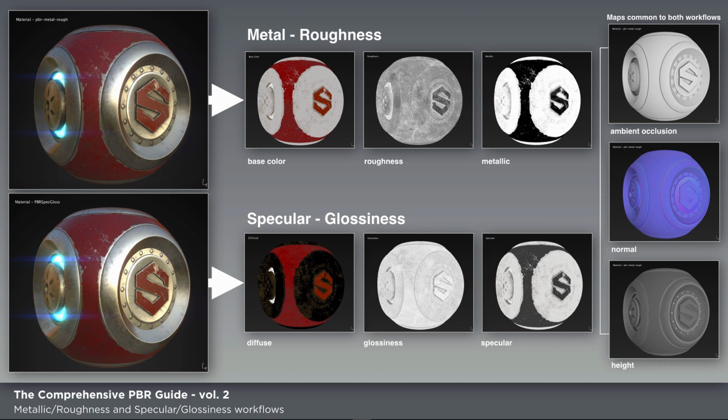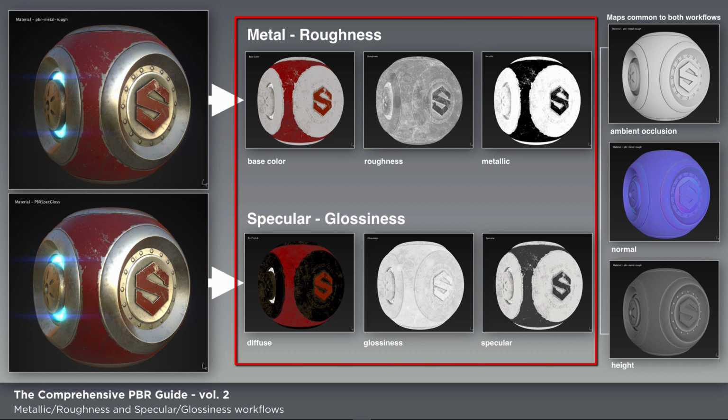Now, there are different workflows and implementations when it comes to PBR shaders. There isn't a real set-in-stone standard, so you will see variation from application to application or engine to engine. When I say workflow, I'm referring to the method through which you author the textures and the inputs the shader supports. Here, I'm referring to metal rough or specular glossiness workflows.